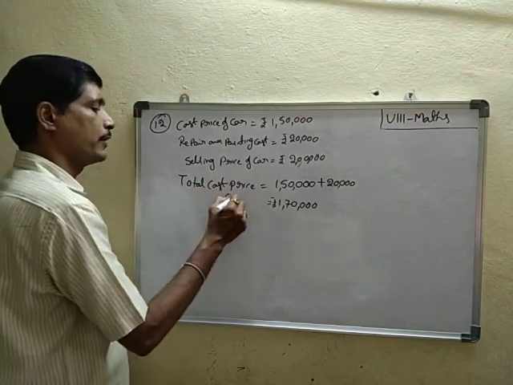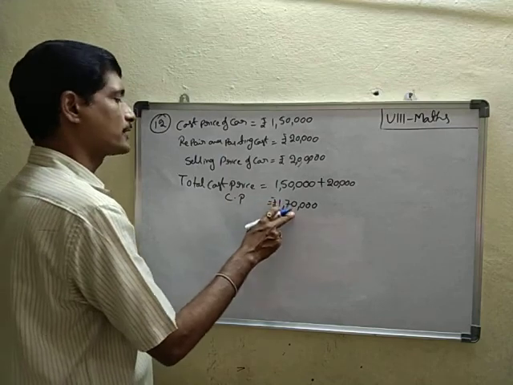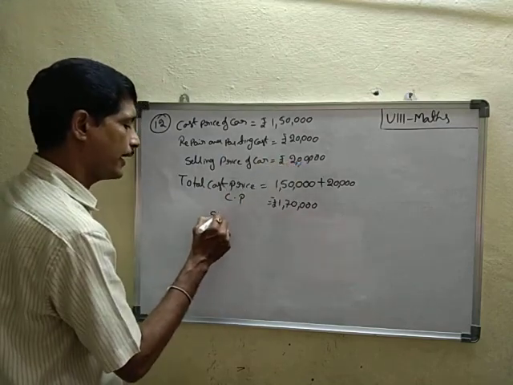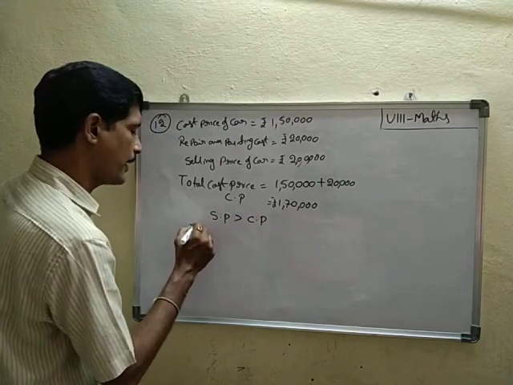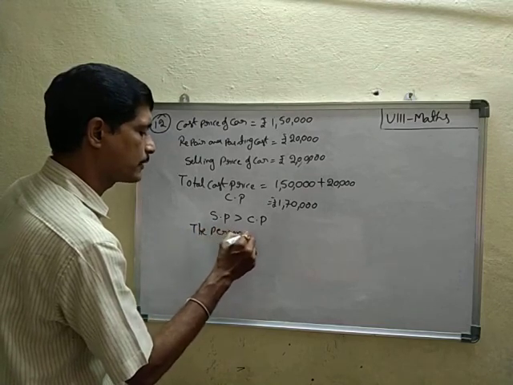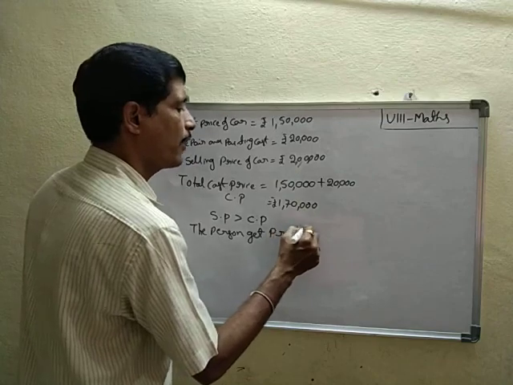This is the CP. Cost price equals 1,70,000 and selling price equals 2 lakhs. Therefore, here SP is greater than CP. Therefore, the person gets a profit.